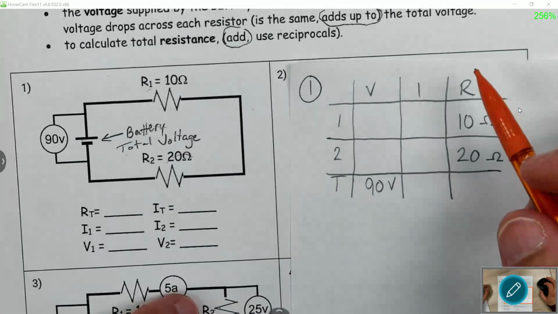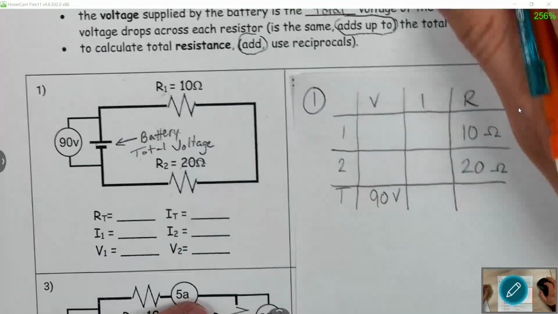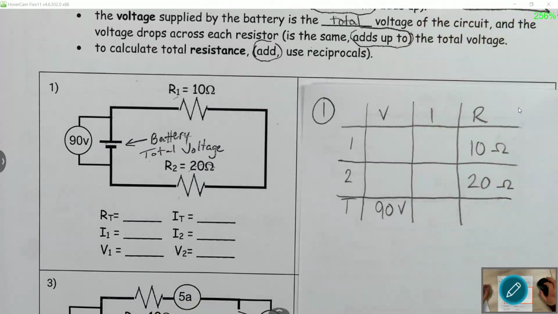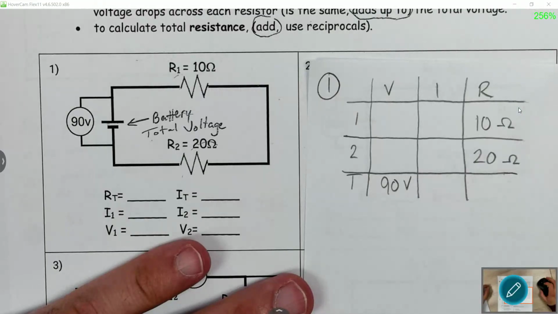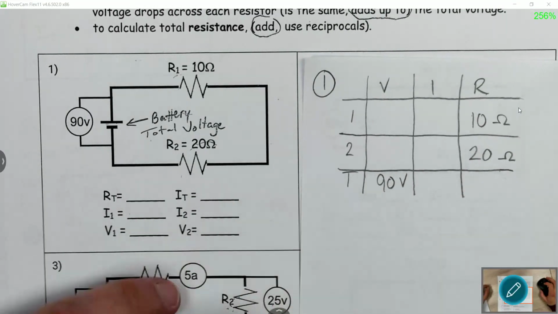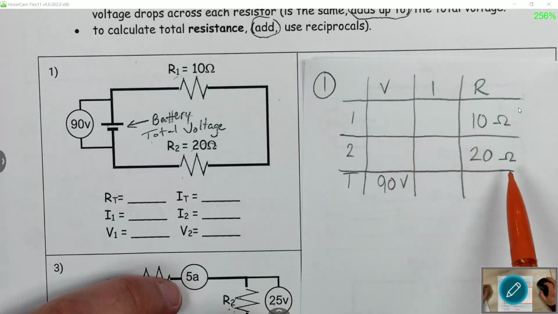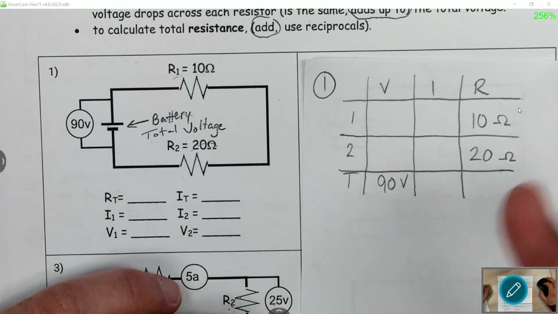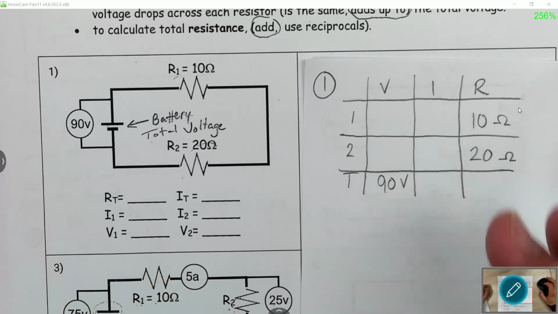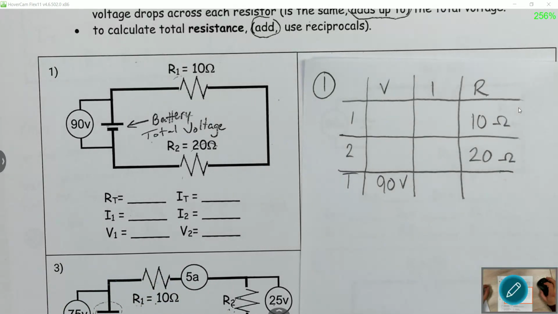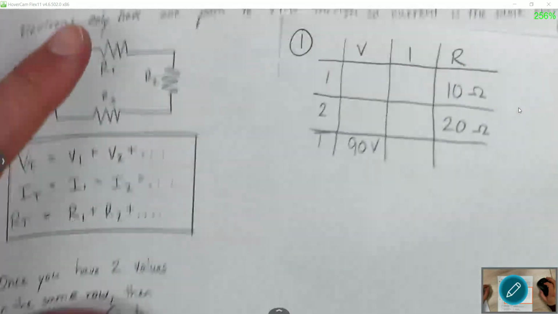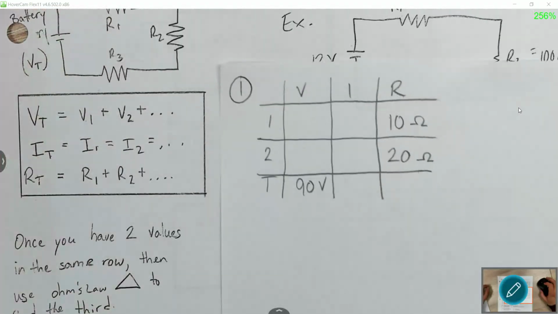Now, how do we do this? Do we have 2 values in the same row right now? No. So we can't use the triangle yet, which means we have to use one of our rules. The rules are also at the top of the paper.